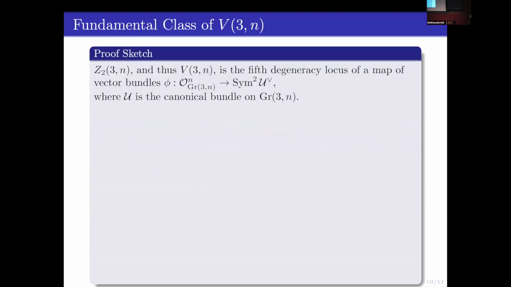And let me briefly talk about a sketch of the proof. Essentially, what we have done here can be generalized to all Z_kn. But the k equals 3 case is the only case where it agrees with the ABCT variety, and that is what we will do here. So we will realize Z3n as the degeneracy locus of a map of vector bundles.